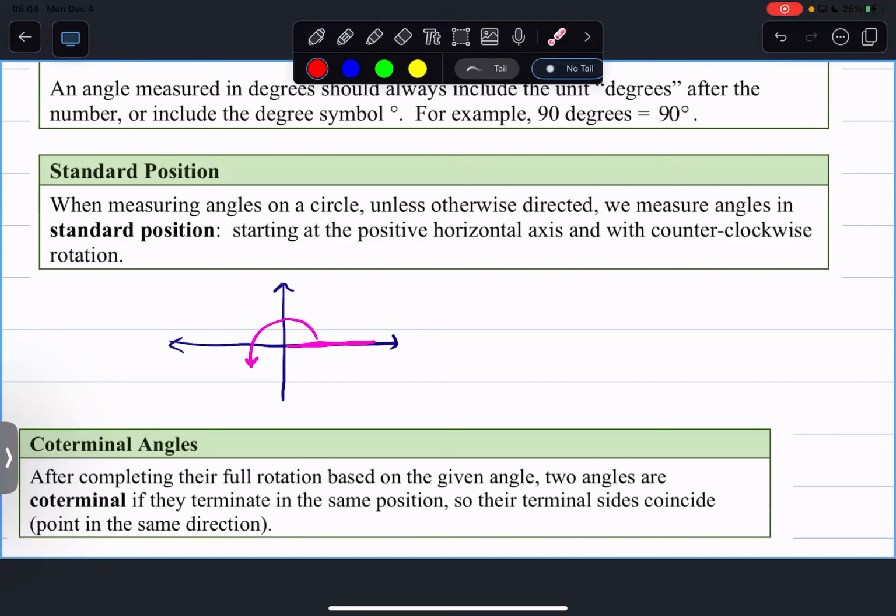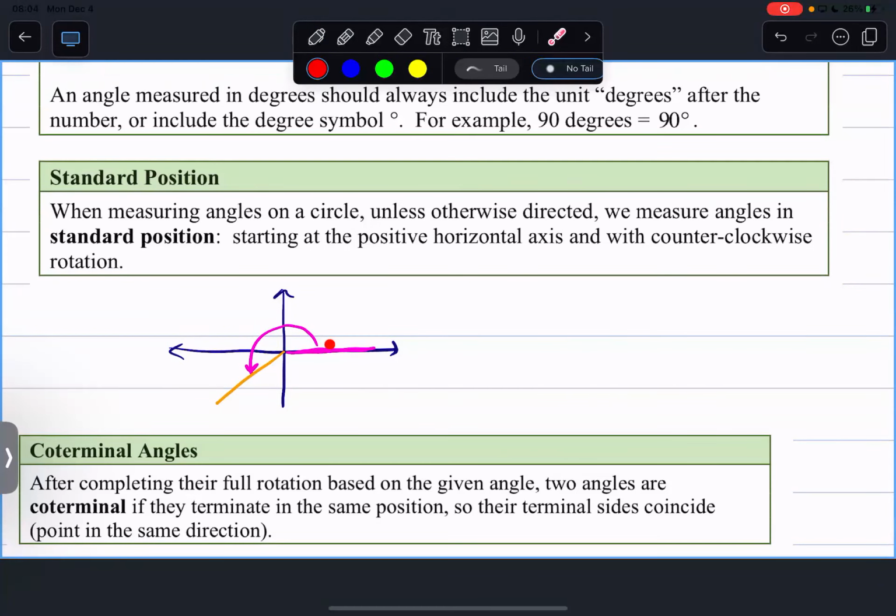Okay, and then we'll be able to have the terminal side anywhere in any one of these quadrants. Right? And so here we might have it like this. But the standard position is starting on the positive x-axis and then moving counterclockwise.